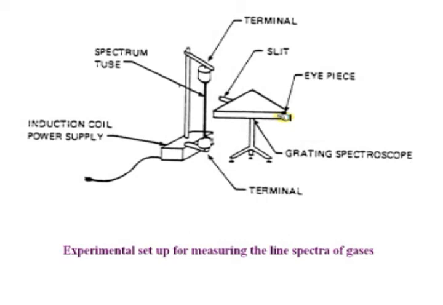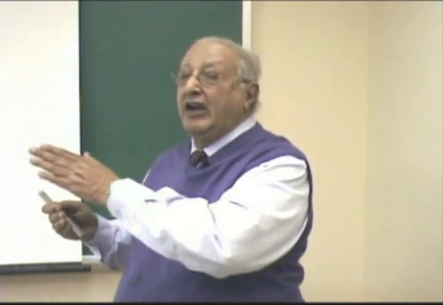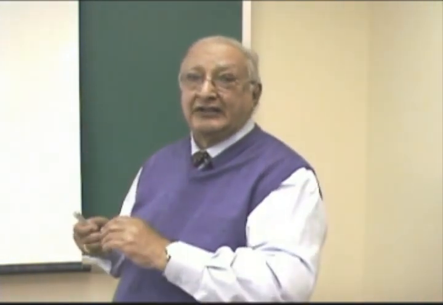We can put an incandescent light next to it to illuminate the wavelength scale inside, and these two together will superimpose on one another. Therefore, you can see the wavelengths of the colors which we are seeing.